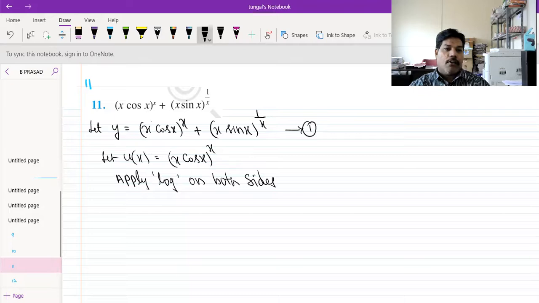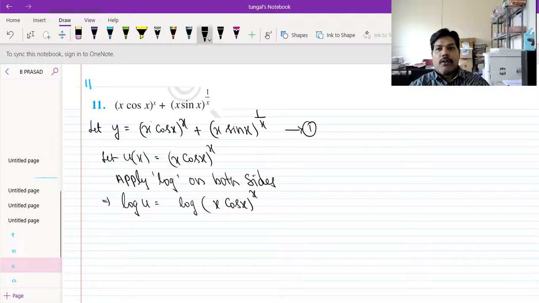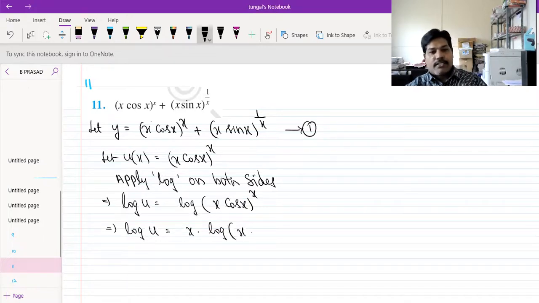If you apply the log, you will get log u is equal to log of (x cos x) whole power x. This can be written as log u is equal to x into log of (x cos x), because log x power n can be written as n log x.